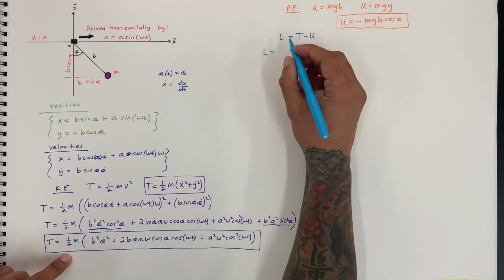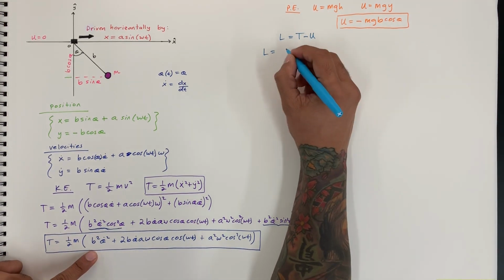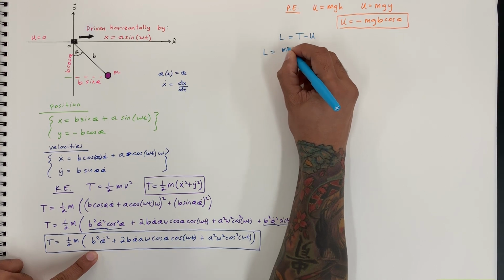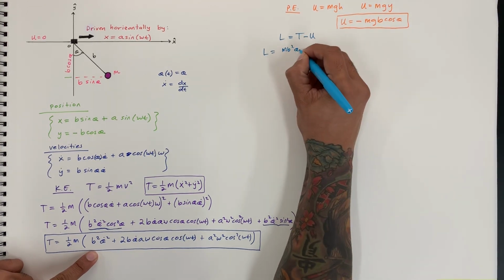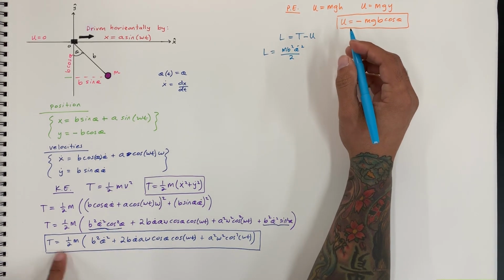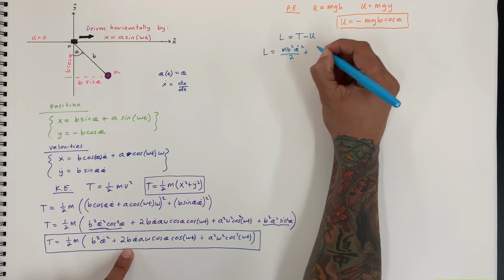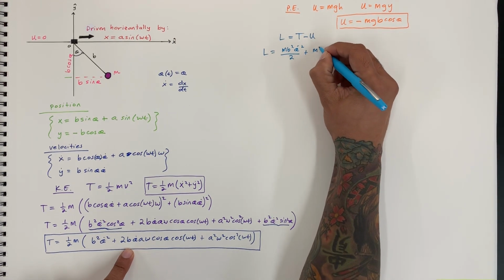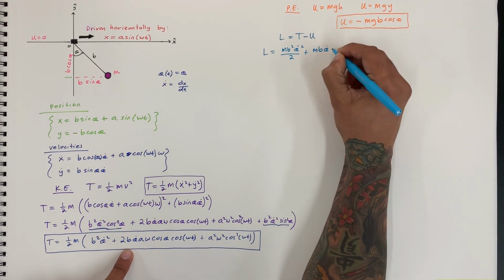Okay, so I'm going to write this first one here as mb squared theta dot squared over 2.